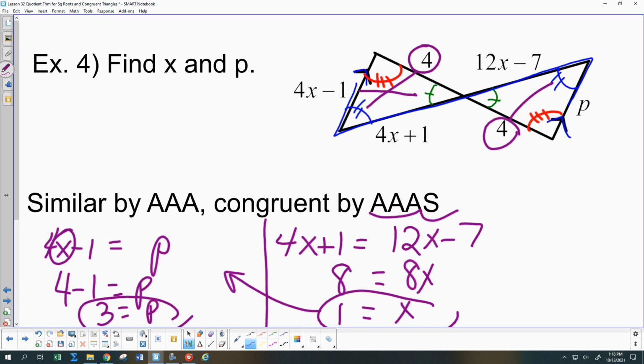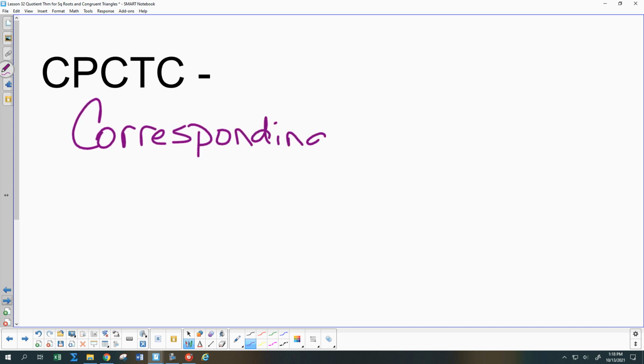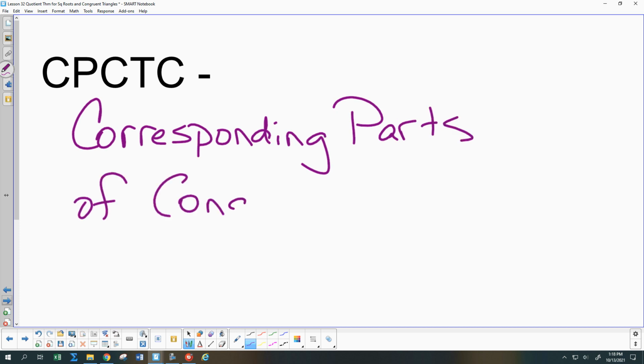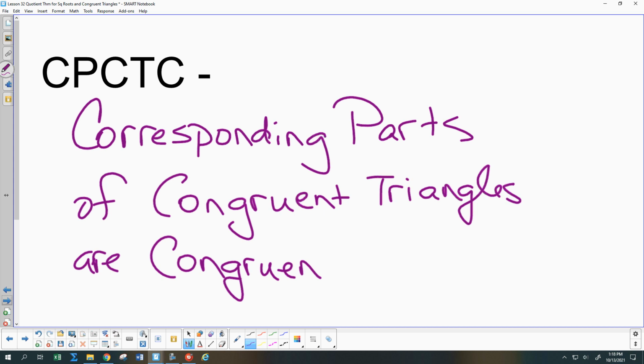What you just used, and you need to write this down and memorize it, you just used the fact that corresponding parts of congruent triangles are congruent. And that's an important theorem in geometry.